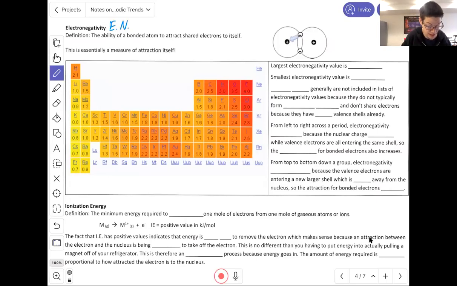But electronegativity is the ability of a bonded atom to attract shared electrons. So this is slightly different because this only exists inside a compound. All right, so this is measured inside a compound. So this little diagram over here is just a little demonstration of what we're talking about.